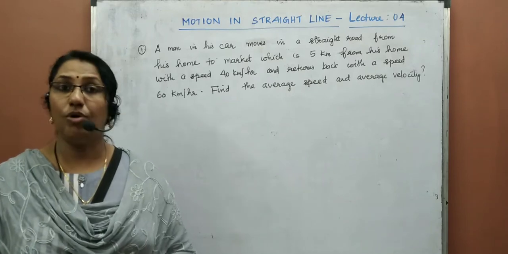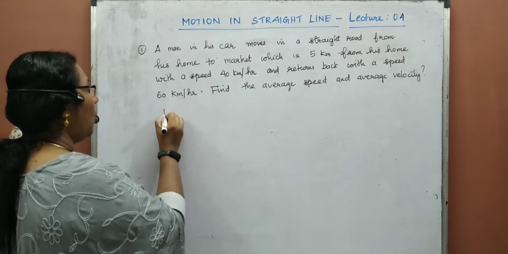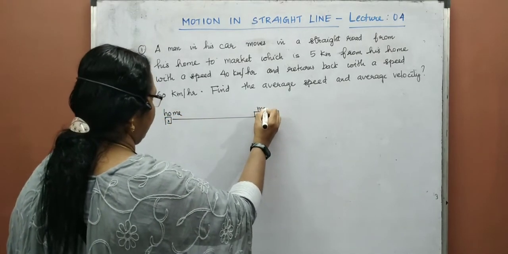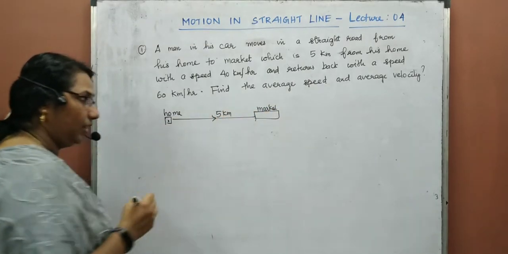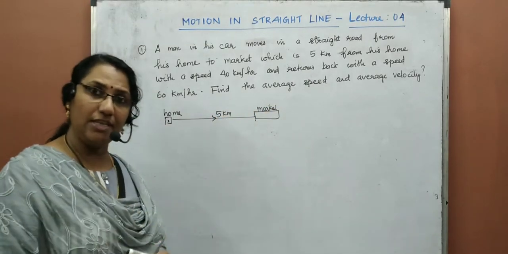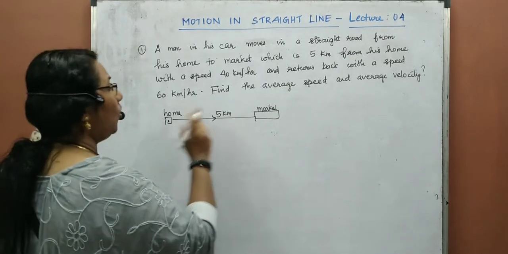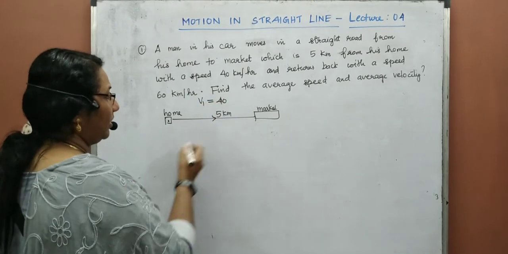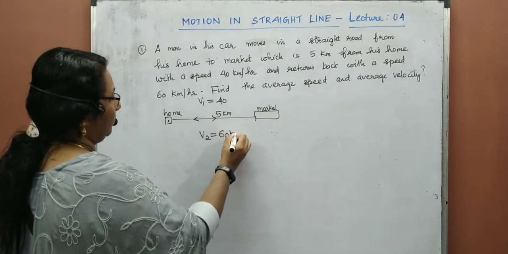What is the distance between his home and the market? It is given as 5 kilometers. When he comes back, the distance is also 5 kilometers. But he moves from home to market with a speed of 40 kilometers per hour and returns back with a speed of 60 kilometers per hour.